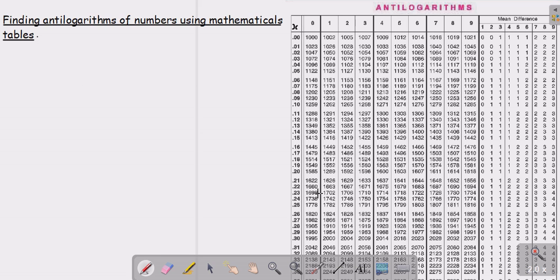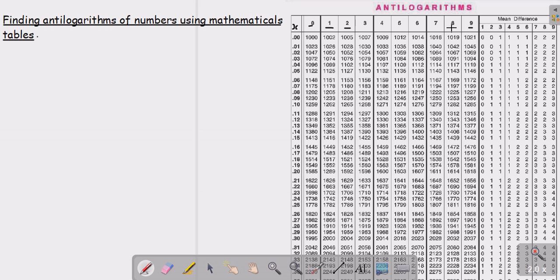But for me, I have just a small fraction of the table, and we are going to be using part of it. It also has columns, the first column, second column, the zeros column, numbered from 0 up to 9.